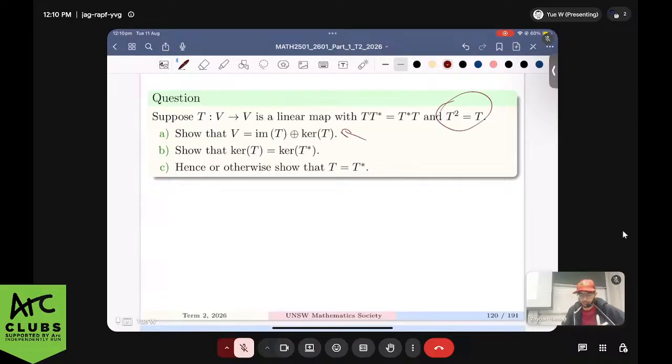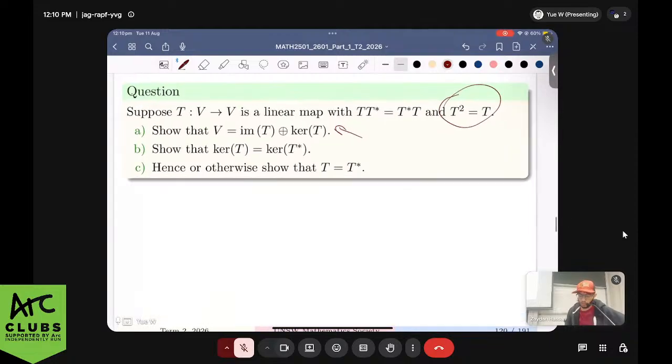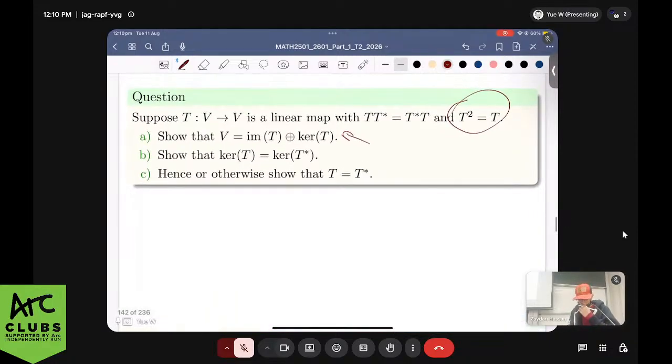Okay, so let's see. Tx equals 0 if and only if T star x equals 0. This is assuming normal. So a normal map has this property. I think you do it with inner products. So if Tx equals 0, then Tx, y equals x, T star y.